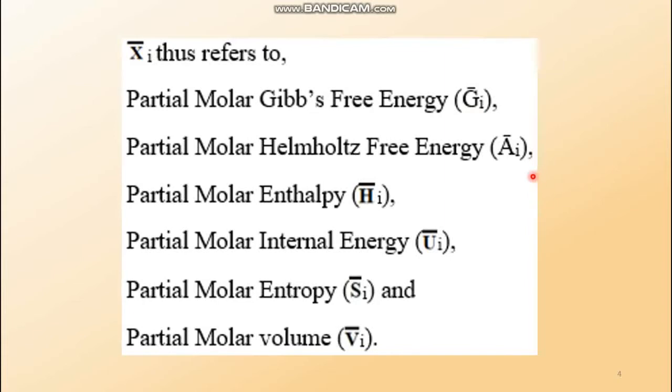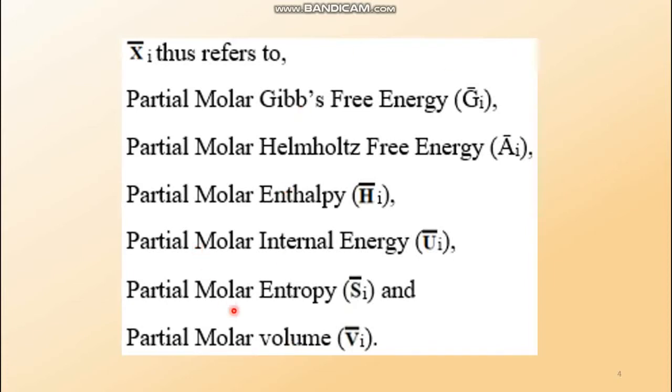It is denoted as Gi bar. Similarly, partial molar Helmholtz free energy is Ai bar. Partial molar enthalpy, Hi bar. Partial molar internal energy, Ui bar. Partial molar entropy, Si bar, and partial molar volume, Vi bar.